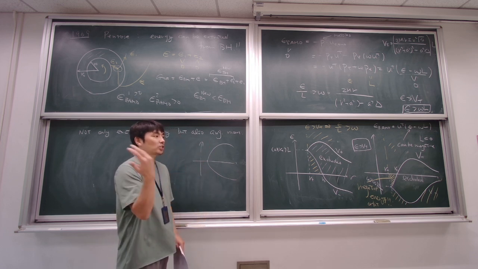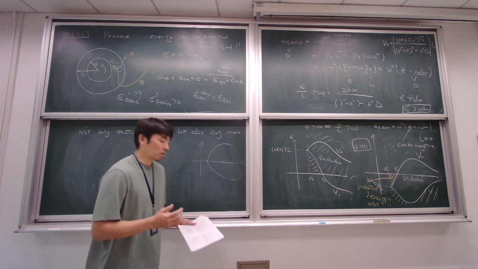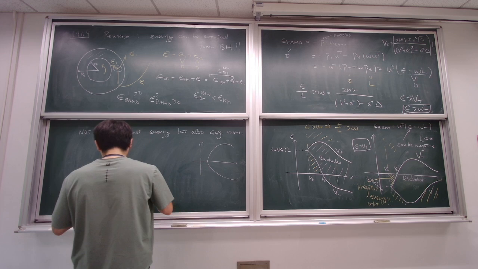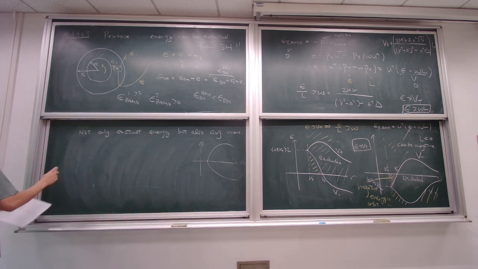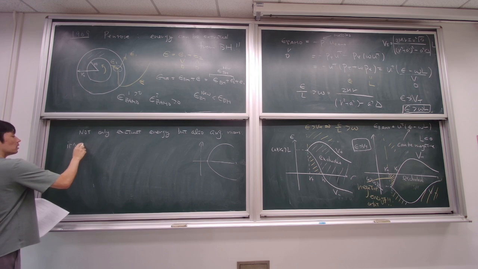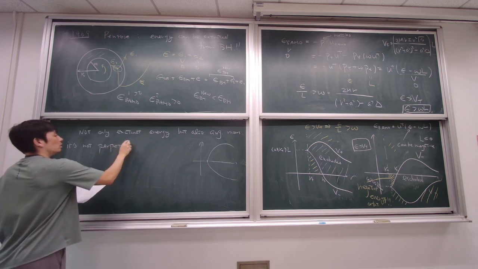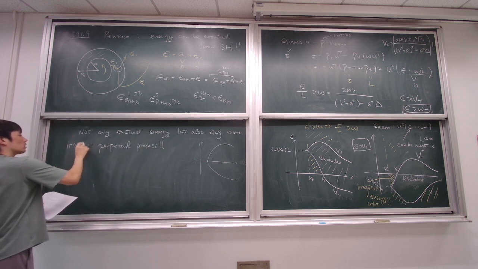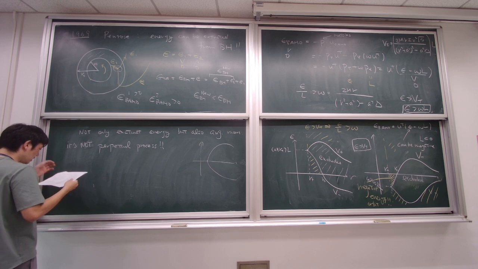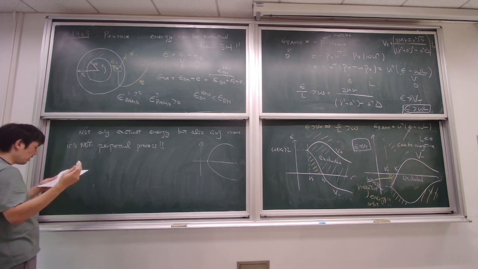So once you extract the rotational energy completely from the black hole, you can no longer extract energy from it. So there is a limit to extracting energy from the black hole. It's not a perpetual process, so there is a limit.